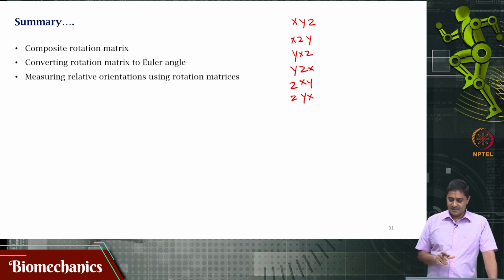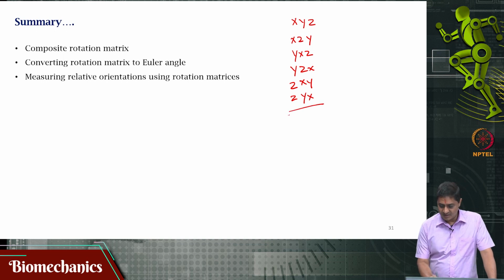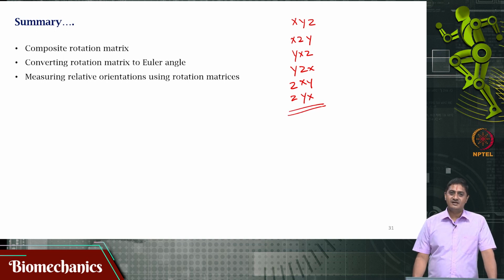These are the various orders in which I can find the Euler angles. If the axes are not repeated, I am going to have these 6 possibilities.